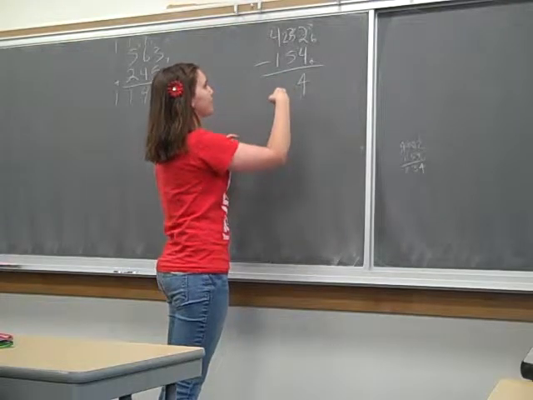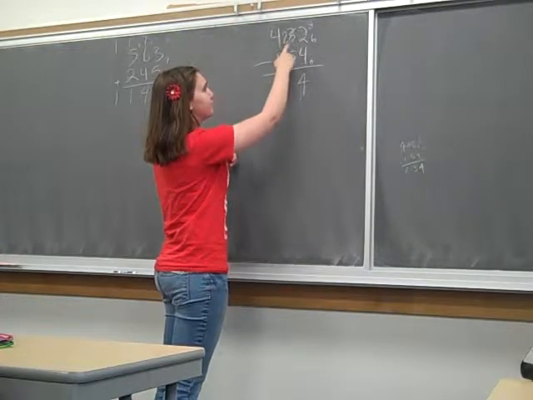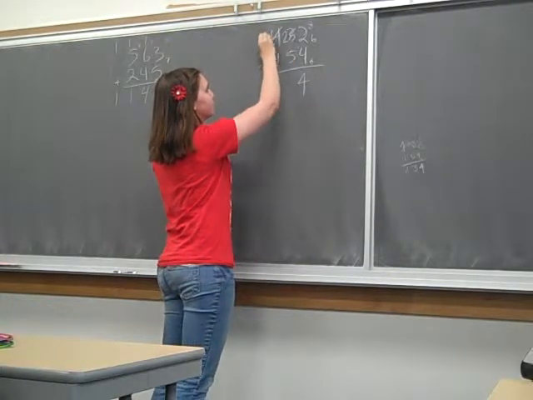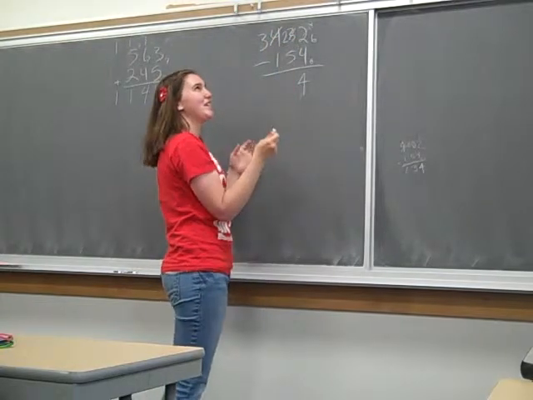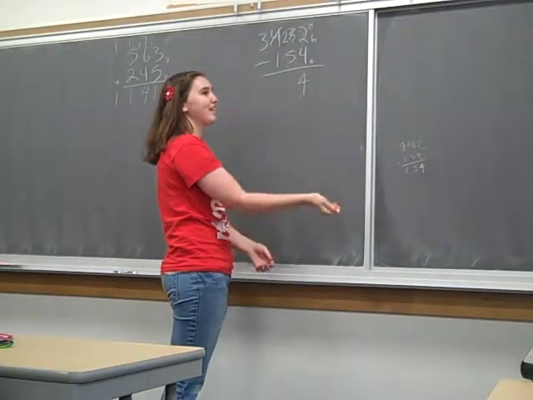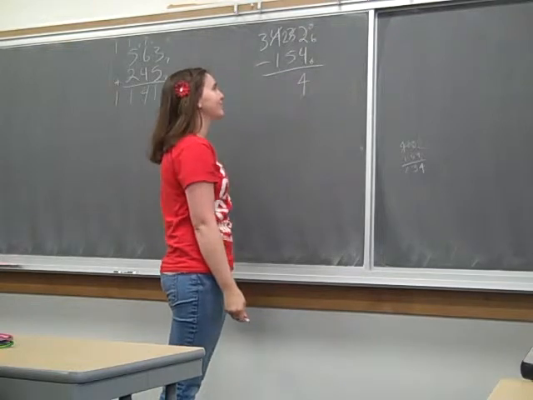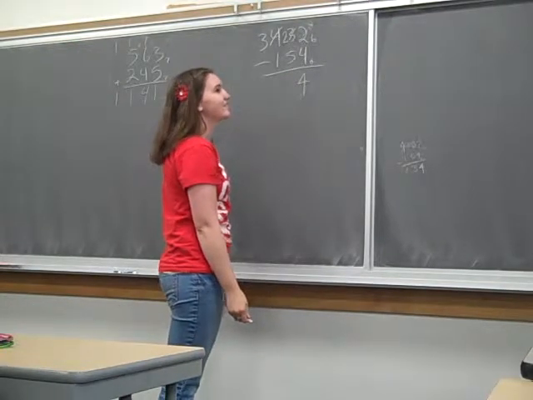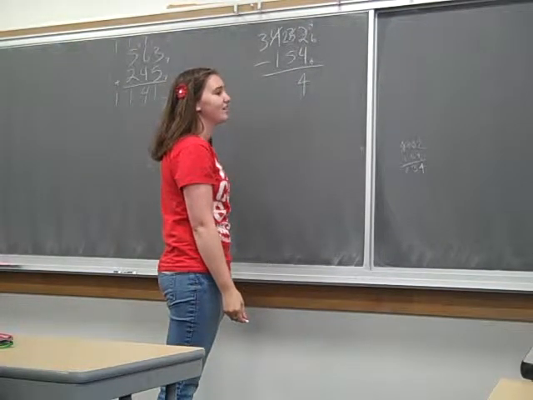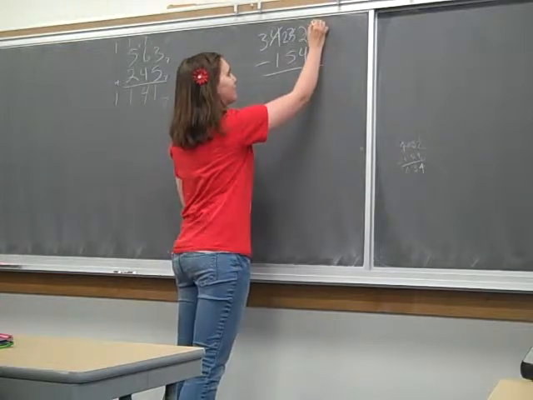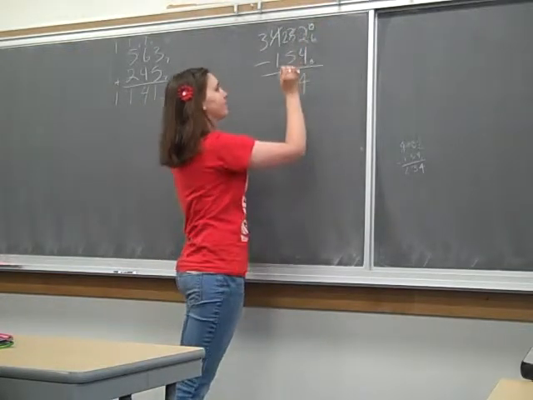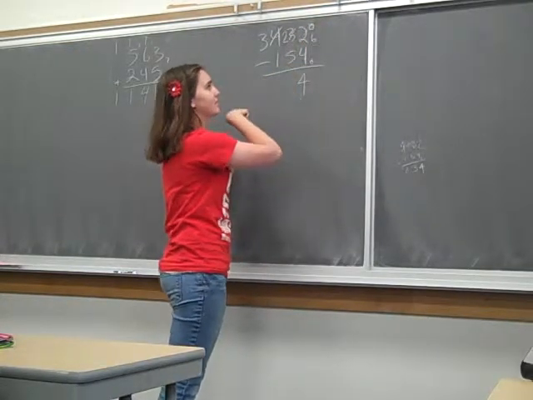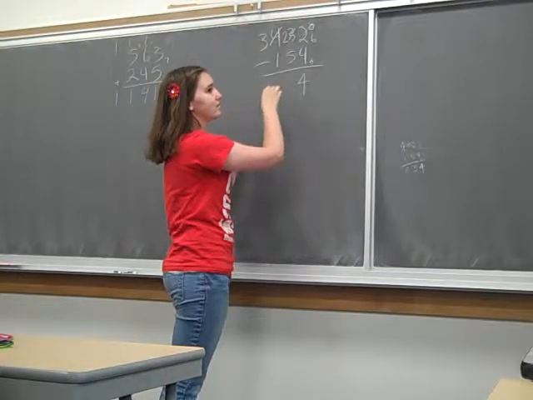If you subtract down, you can't take 5 from 2, so you have to... not borrow, take, exchange. Make an equivalent exchange. We're going to exchange one of those in that place for 6 in the place to the right.